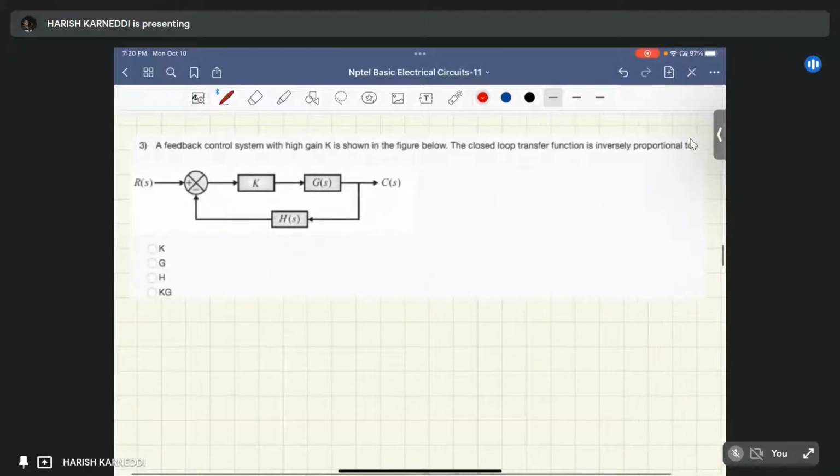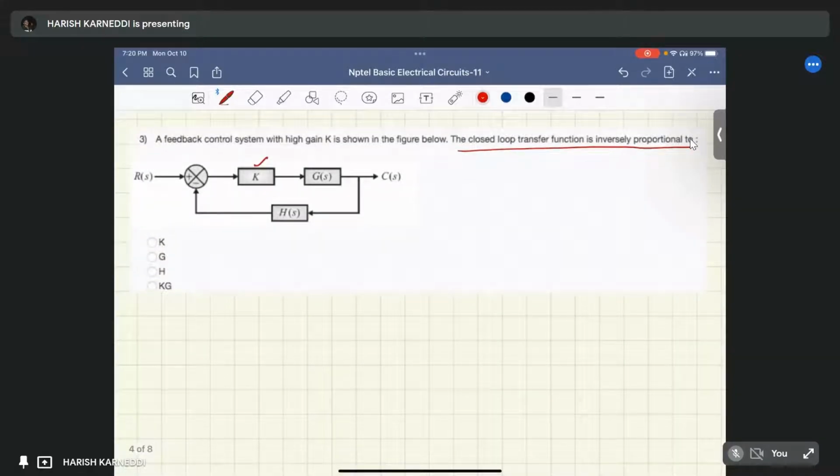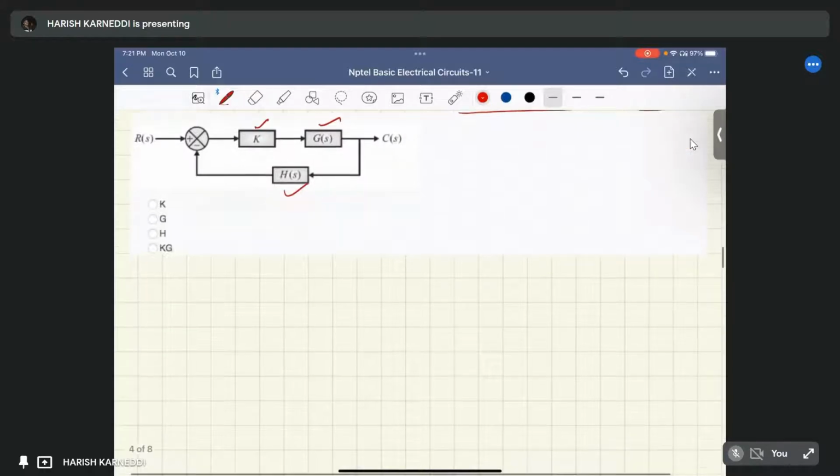The third question: a feedback control system with a high gain K. The gain of the system is K. The closed loop transfer function is inversely proportional to which term? It means we have to find the closed loop transfer function and find the relation between the transfer function and these three terms. Which term has an inverse relation with the closed loop transfer function?